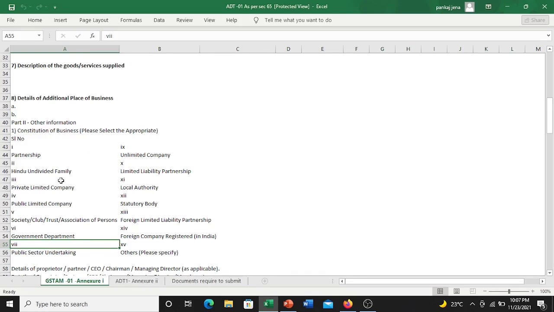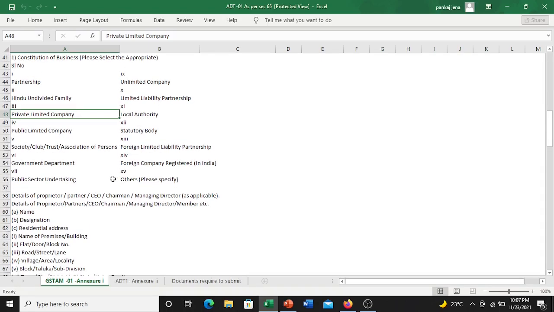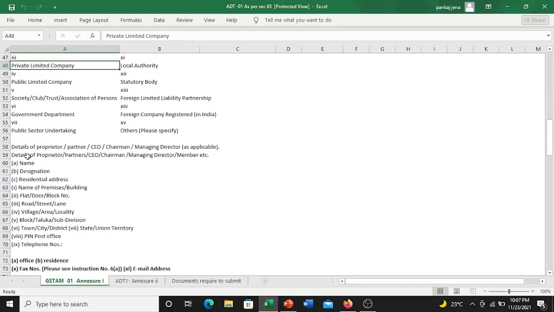Suppose it is a private limited, mention private limited, or public limited, or limited liability partnership, or local authorities, or statutory body. Whichever category of company it is, you have to mention accordingly. Then it will ask for the details of the proprietor or partners or managing director, whosoever is applicable. You have to provide the details for that.